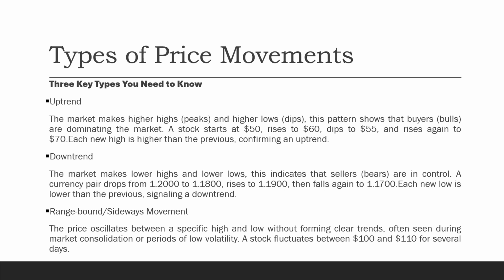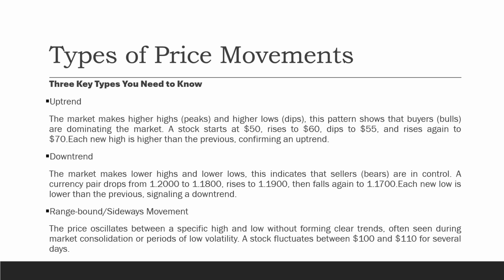As I was saying, in a range-bound or sideways movement, or consolidation, the price oscillates between a specific high and low without forming a clear trend, often seen during market consolidation or periods of low volatility. For example, a stock fluctuates between $100 and $110 for several days. Now that is a consolidation.